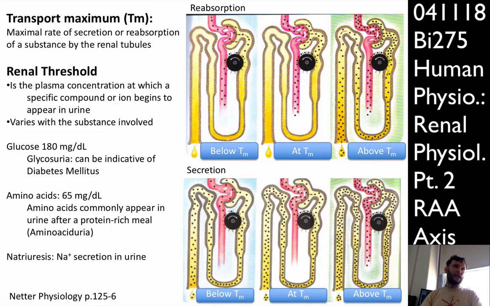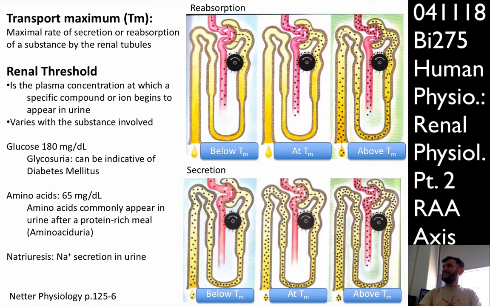So now you can see why Hippocrates named it diabetes mellitus: he'd take a swig of the urine and it tasted sweet because the person probably had diabetes mellitus, and sugar was appearing in their urine. We were past the renal threshold.